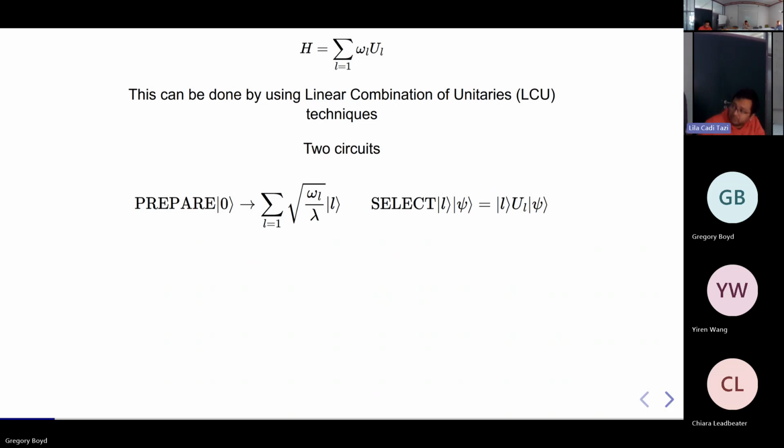Yes, omegas are complex, although in many cases they're just real. But they can be complex, and if they are complex, what you usually do is absorb the phase from them into the U_Ls.